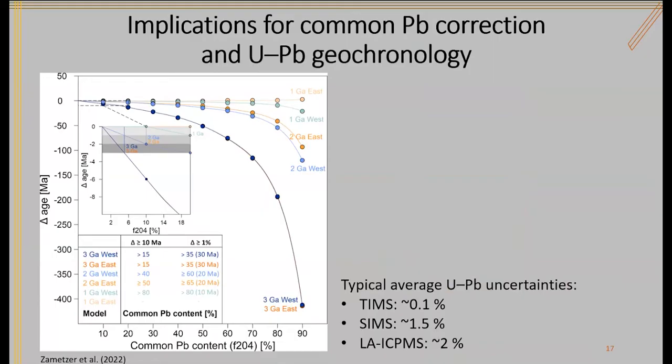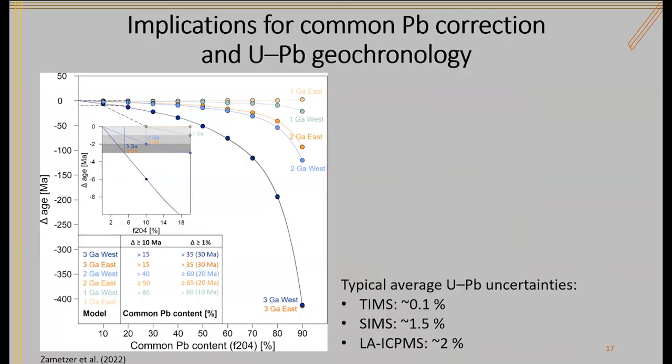So what is the difference of the new lead evolution curves in relation to Stacey and Kramers' model? I tried to model that for different example sample ages, 1 Ga, 2 Ga, 3 Ga, and for different example common lead contents, here shown on the x-axis in steps of 10% common lead. What is shown on the y-axis is the age delta that is produced in relation to Stacey and Kramers in million years.